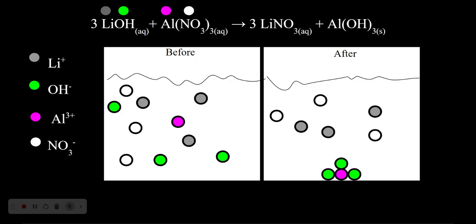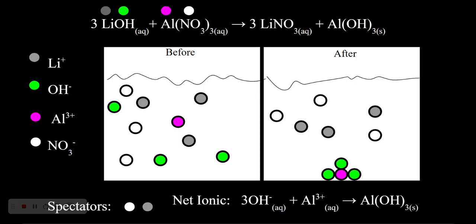Now you'll notice we've got a lot of spectators here. Spectators are the gray and the white, so that becomes my net ionic, with just the hydroxide and the aluminum forming that massive compound.